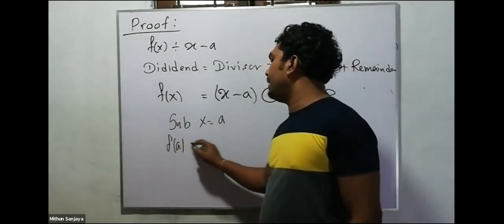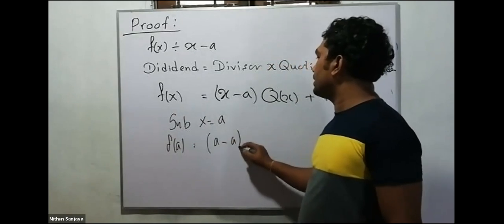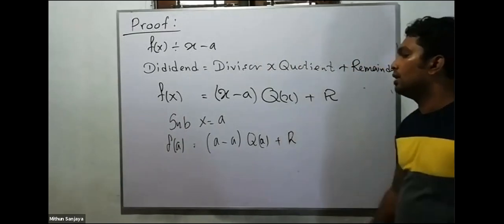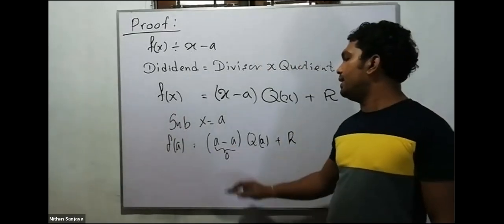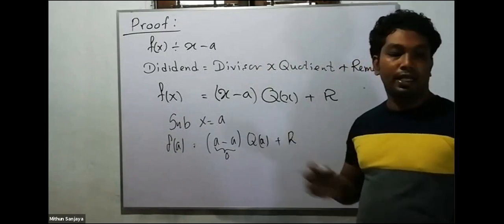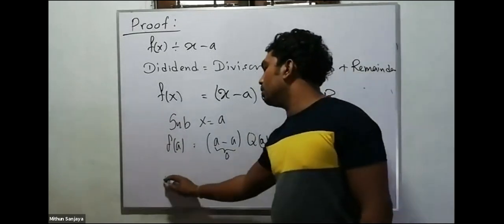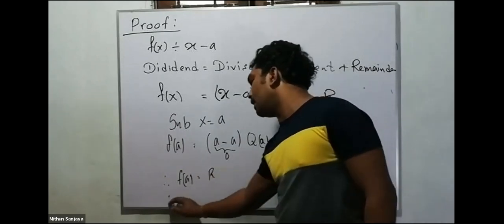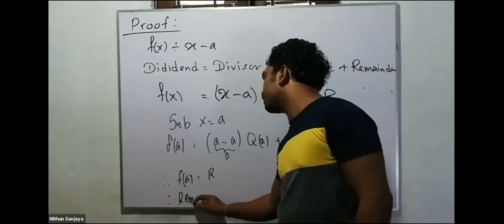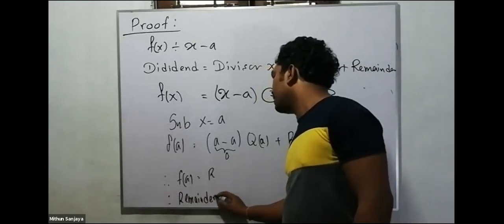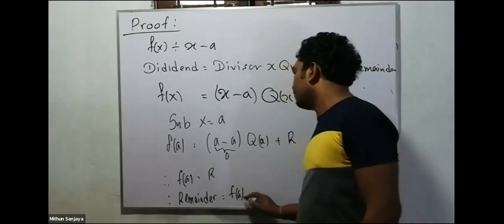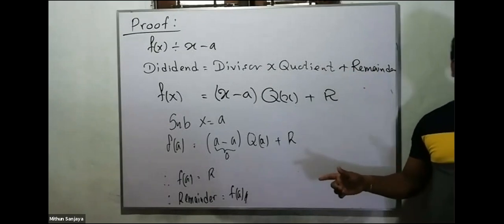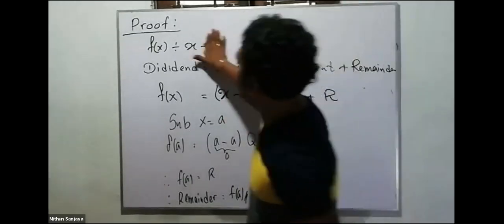Then f(a) equals (a minus a) times q(a) plus r. Now a minus a is 0, and 0 times anything is 0. Therefore f(a) equals r. Then what is r? It is the remainder. So the remainder equals f(a). That is the proof.